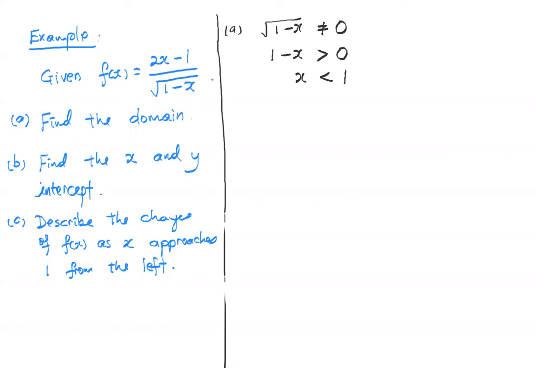Okay, so that means there is a vertical asymptote for this case. Am I right? So therefore, I say the domain is equal to x, where x is a member of the real numbers, and x must be less than 1.